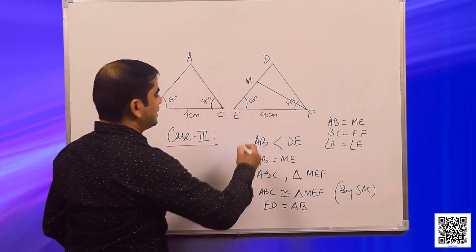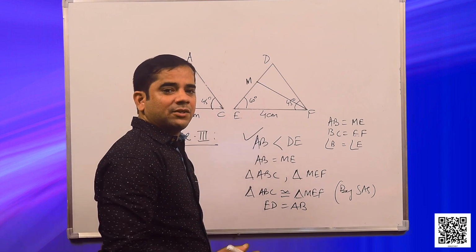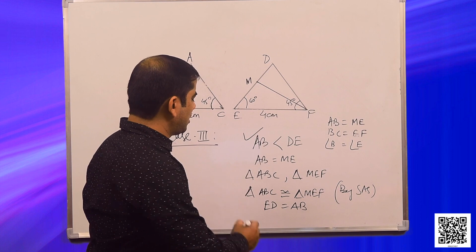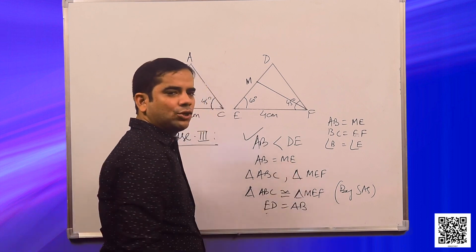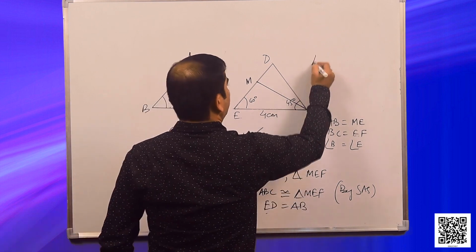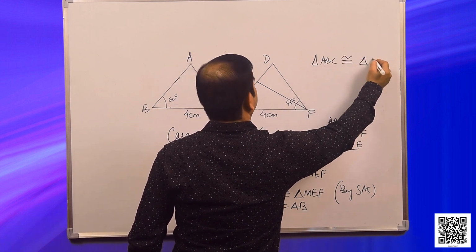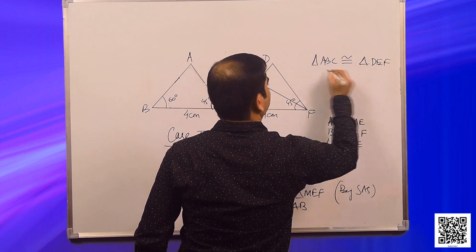Okay, that means the assumption which was taken by us firstly was wrong, and we have proved that ED is equal to AB. That means triangle ABC is congruent to triangle DEF.